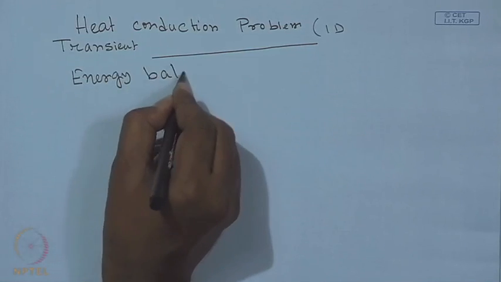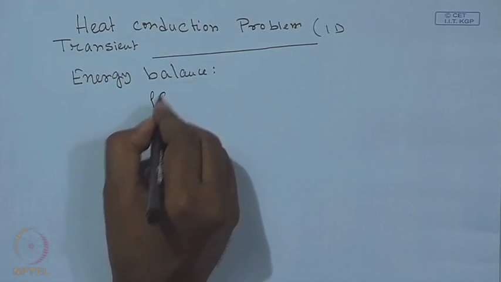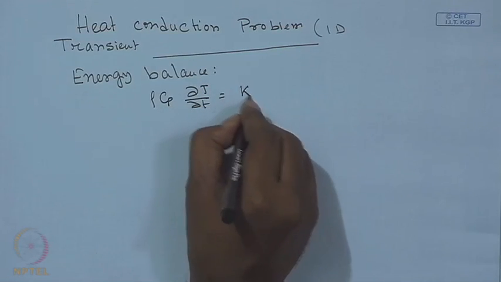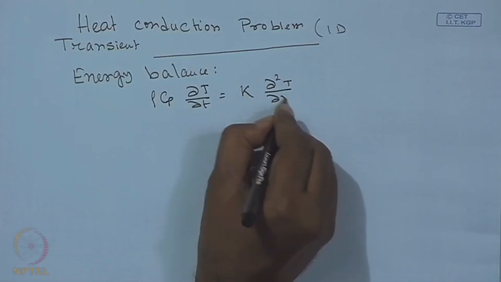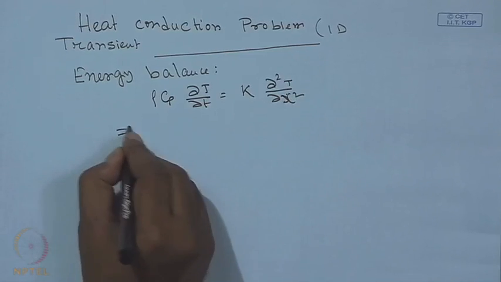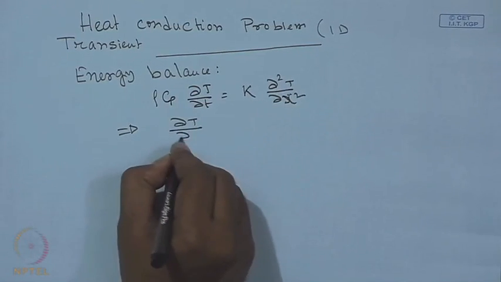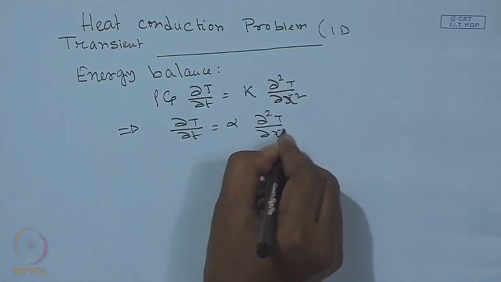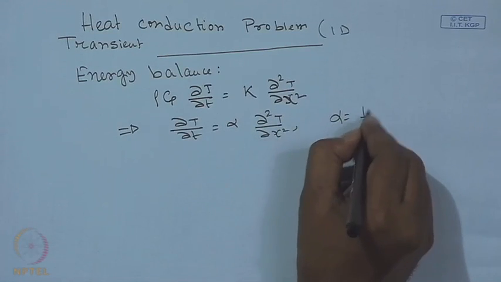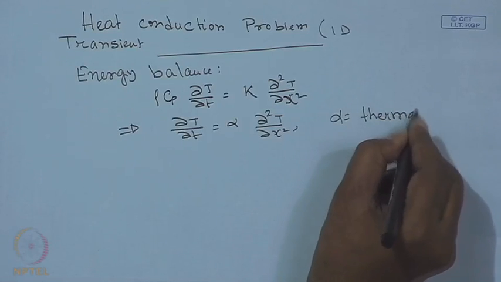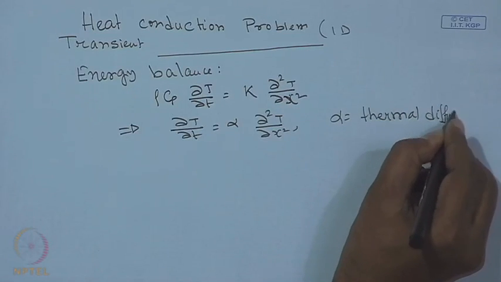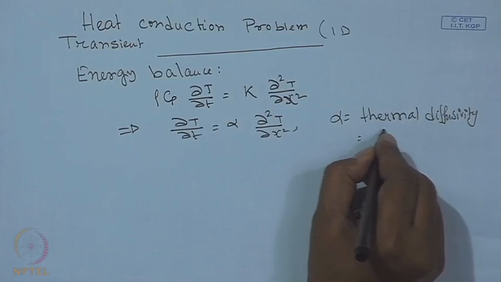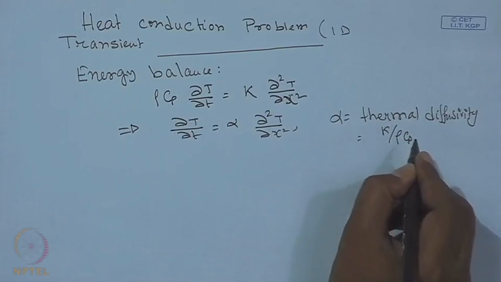If we write down the energy balance equation, rho Cp del T del t is equal to K del square T del x square. So, del T del t is nothing but alpha del square T del x square, where alpha is known as the thermal diffusivity, which has the expression K by rho Cp.